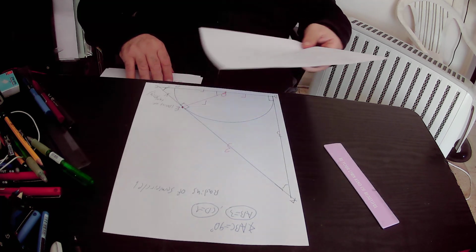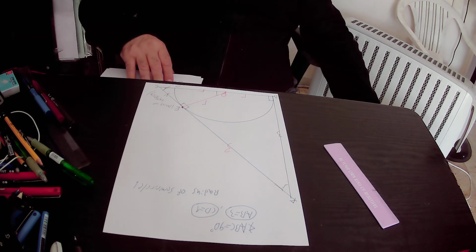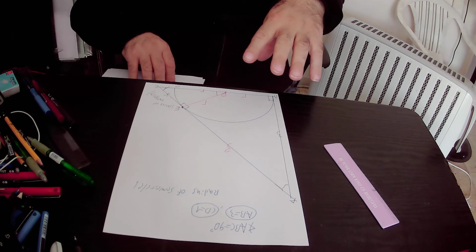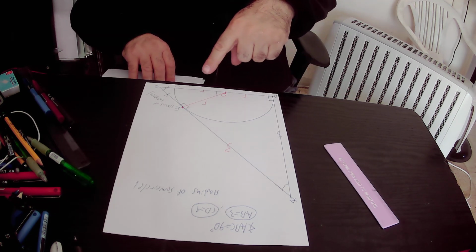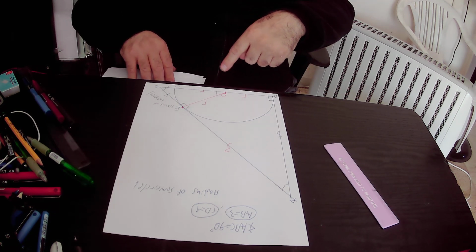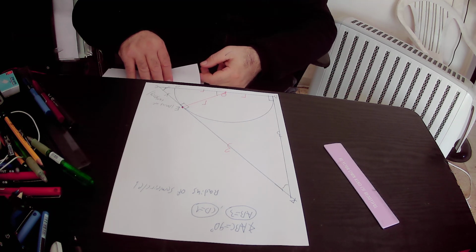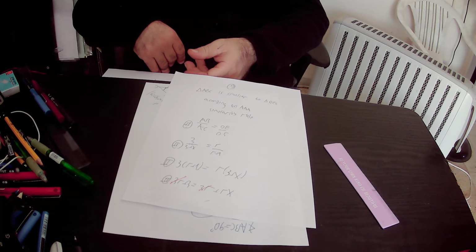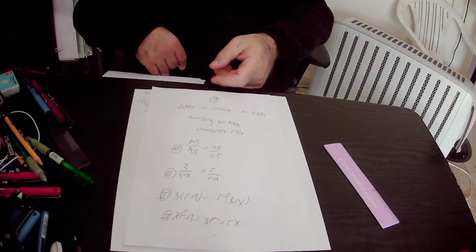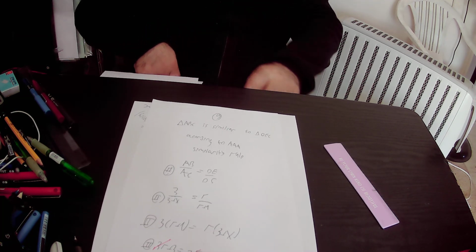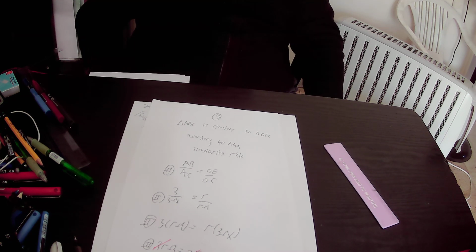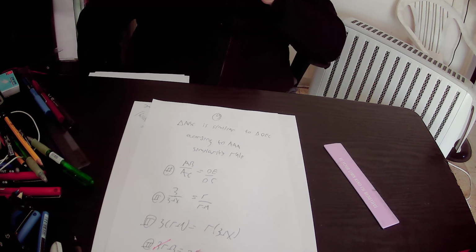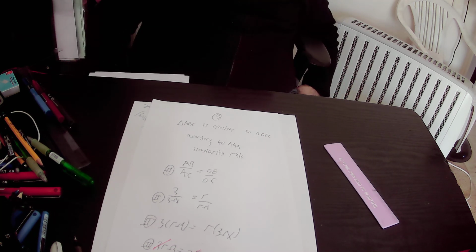So actually we found out that the big right triangle, triangle ABC, is similar to the small right triangle, triangle OEC, according to the angle similarity rule. Triangle ABC is similar to triangle OEC, according to the angle similarity rule.